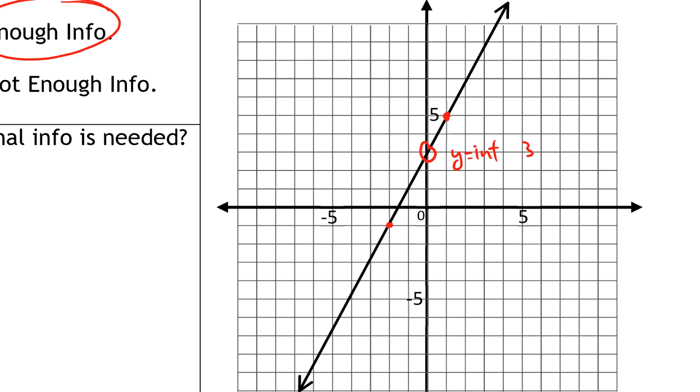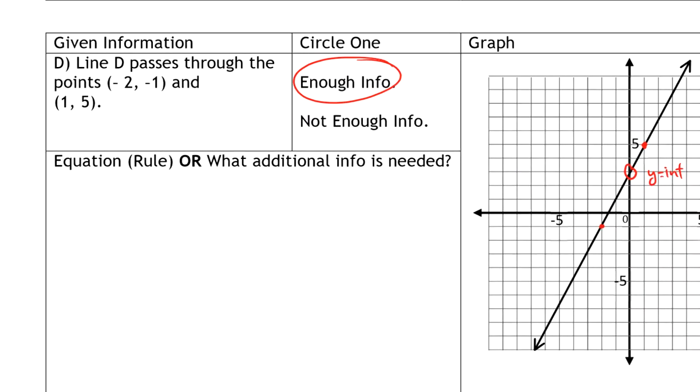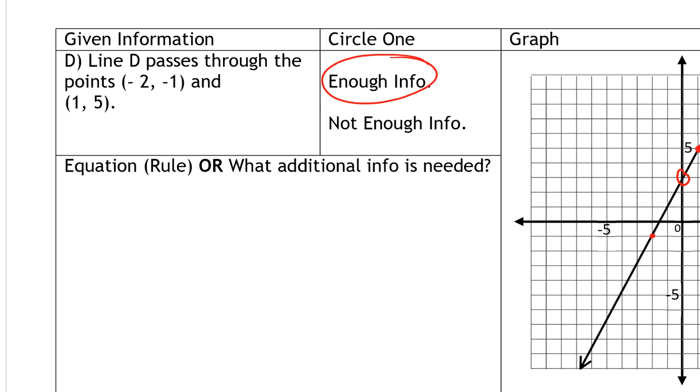So I want to caution you: just because it looks like it's going through there, don't assume that it is. Especially for the honors class, I could give you a question where I want to see, hey, are you questioning the validity of that graph, because it could do something else. If I take a look at this and figure out what the slope is, I've got the change in my y value, 5 minus -1.